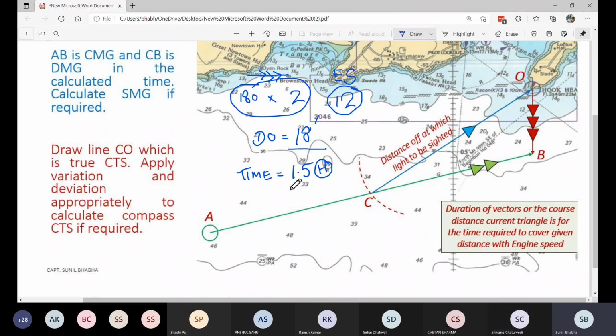What you do is, for this time, that is 1.5 hour in this example, find out what will be the drift of the current. Rate of current is 2 knots. So in 1.5 hour, what will be the drift? 3. Very good. So this Oscar Bravo vector, current vector, which I am going to draw, will be 3 miles length.